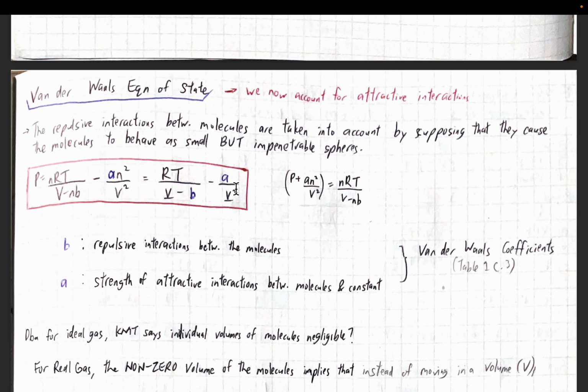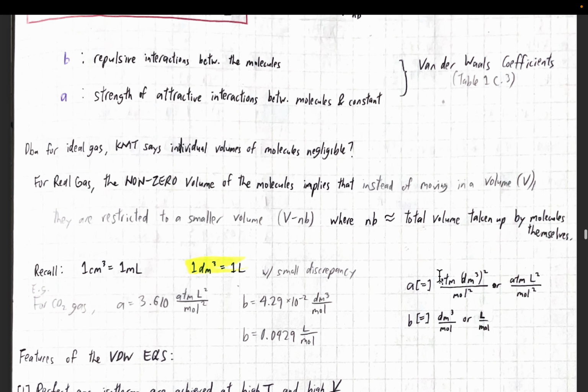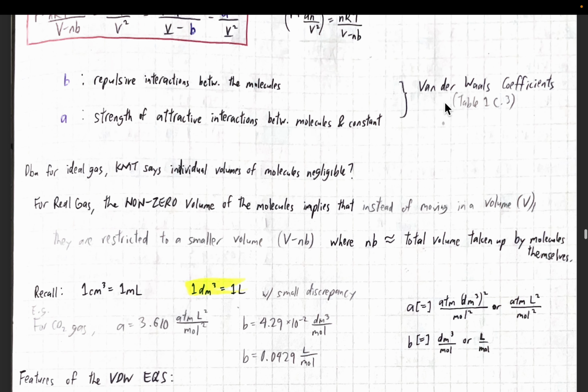Okay, so a is the strength of the attractive interactions between the molecules, and b is for repulsive interactions between the molecules. One is for repulsive, one is for attractive. Both of these are van der Waals coefficients, and there is a corresponding table for that.